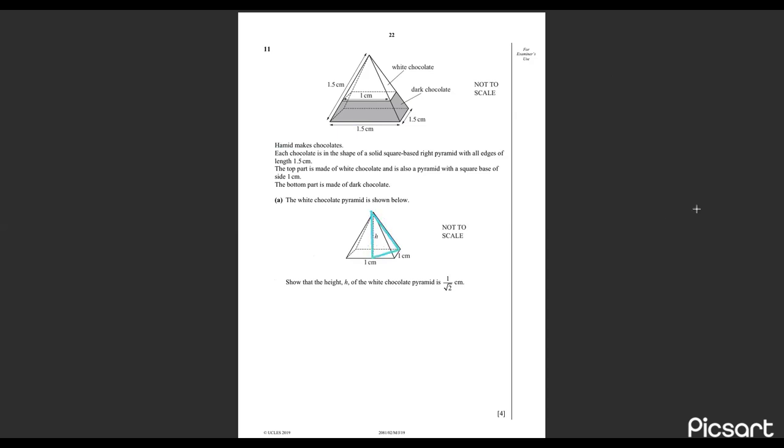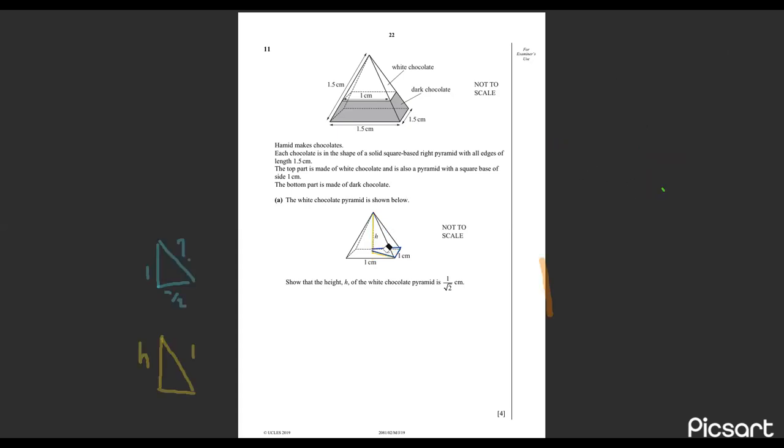I'm going to take this triangle out, which has a height, and this is equal to 1. And we don't know this part, which is this line. But we can get it here, as here is equilateral, so here it's half.